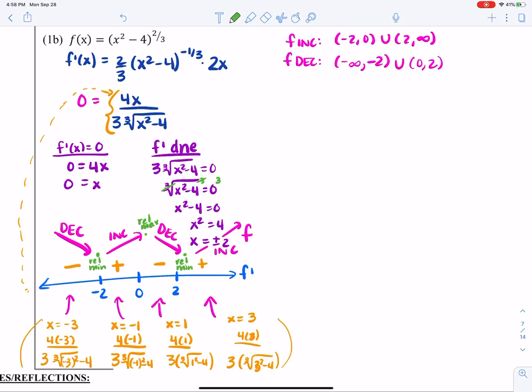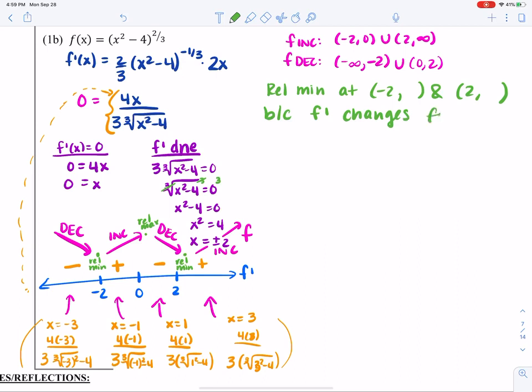And so we can actually name those. We can say we're going to have a relative min at negative 2 and some y value, and also at positive 2 and some y value. And our information has to include that f prime changes from negative to positive.